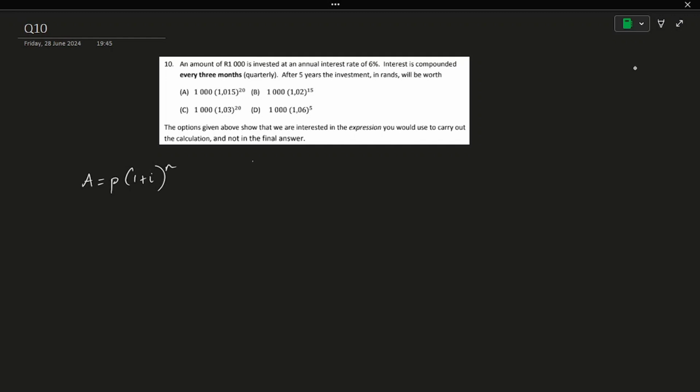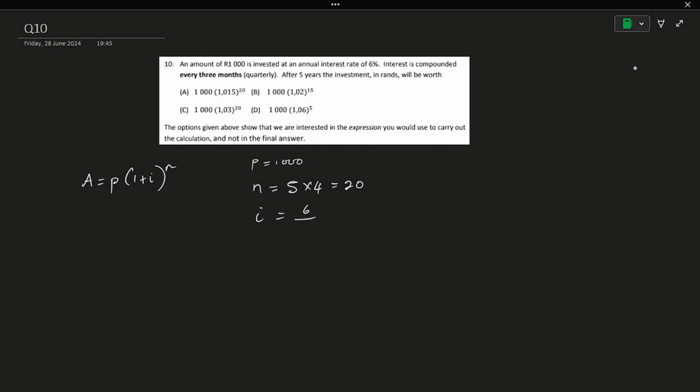We know that our P is 1,000 Rand and our n is 5, but because we are working in quarters, we have to multiply the 5 by 4, which is 20, right? And our i is 6% per annum.